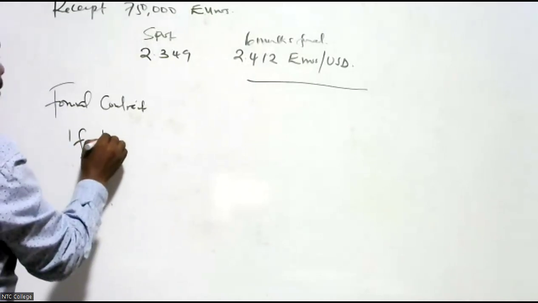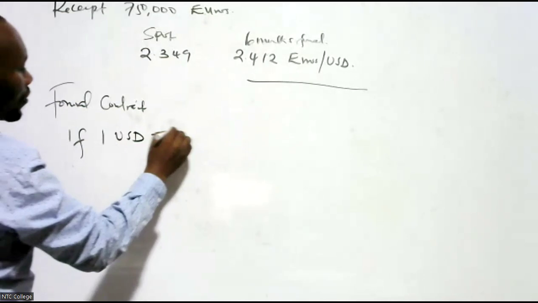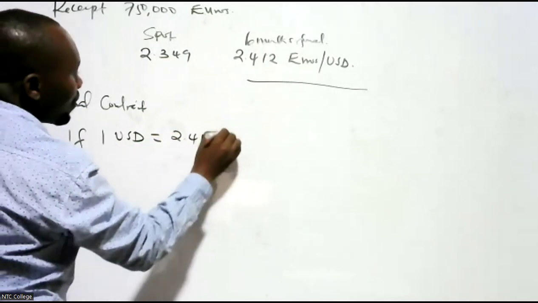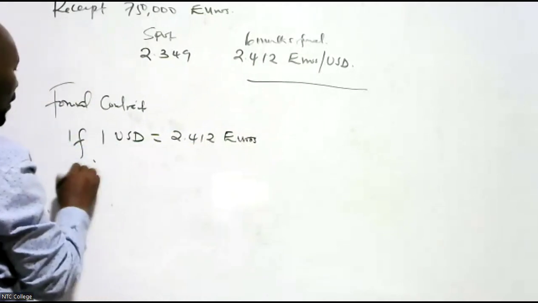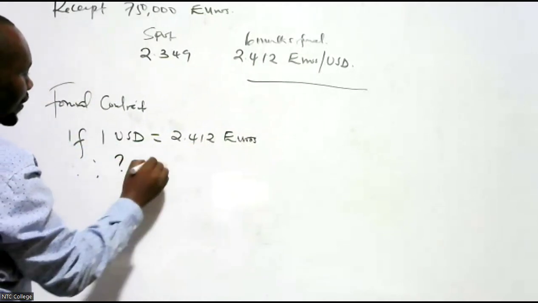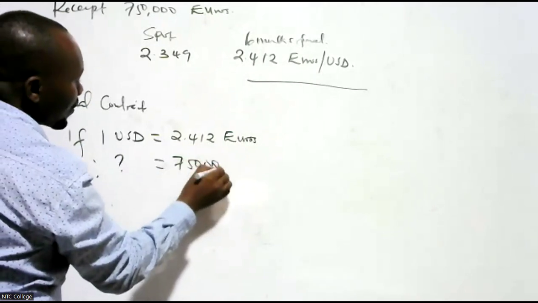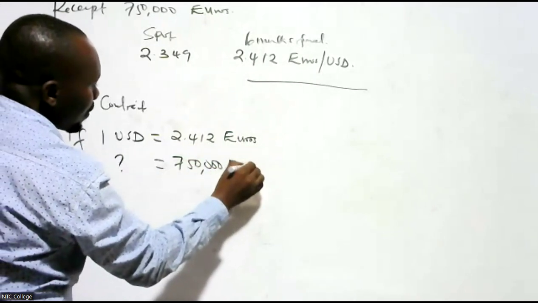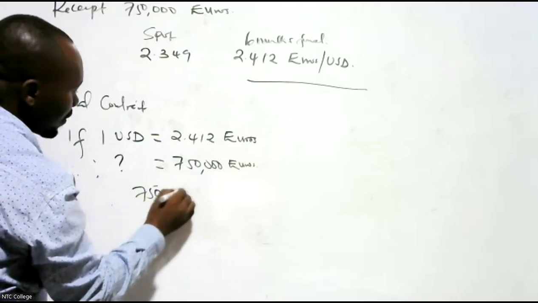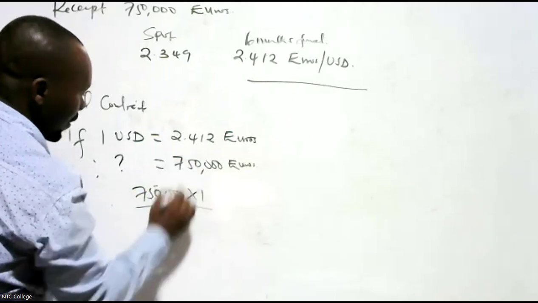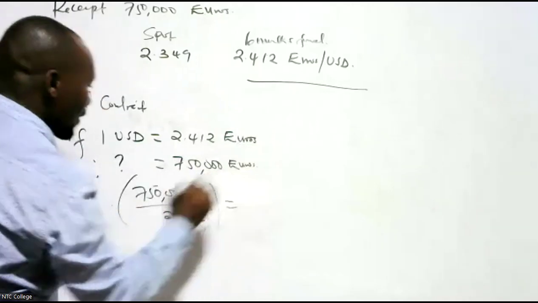So you say that if 1 USD is equal to 2.412 euros, then how much USD will we receive if we have 750 euros? So it is 750 times 1 USD all over 2.412. How much dollars will that be?